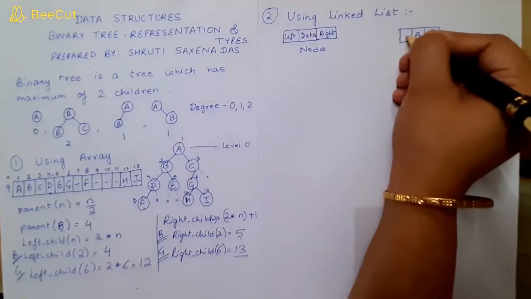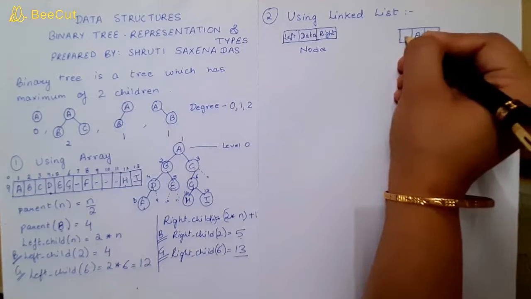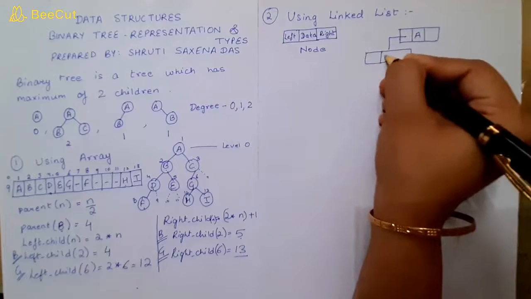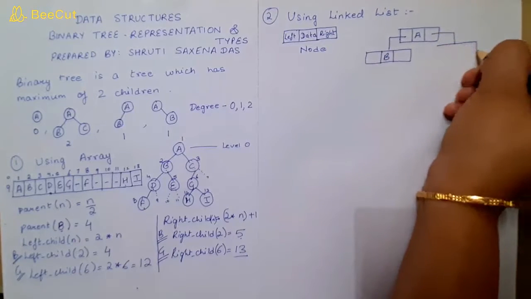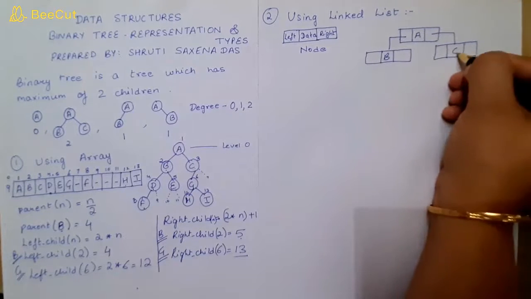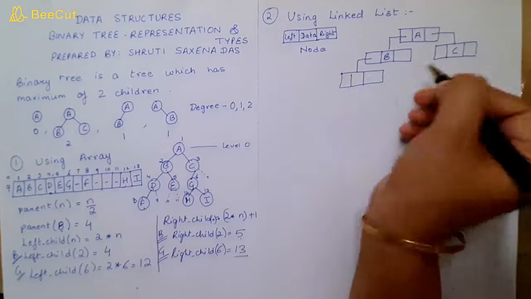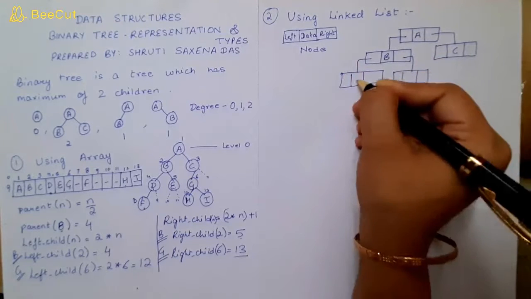Then here you have to store a link to the left child. Who is the left child? B. So again B will be represented like this. For the right child we have C. Again B is having 2 nodes, D and E.